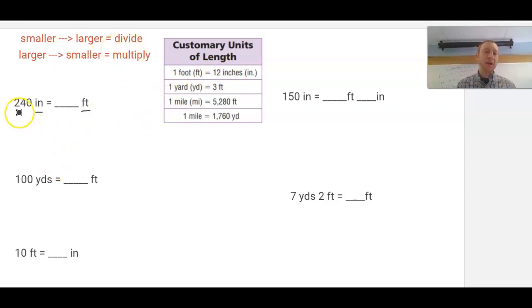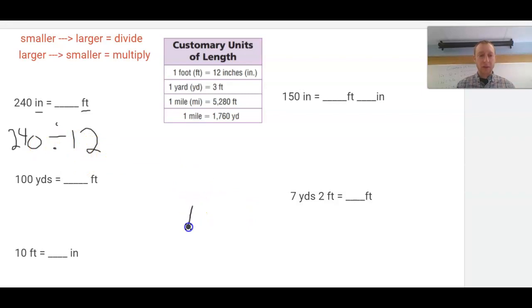Because we're going to break that 240 up into groups. If we have 240 inches, and I know that 12 inches equals a foot, right? So how many groups of 12 are in this 240, right? If each group of 12 equals a foot, how many groups of 12 are there in 240?